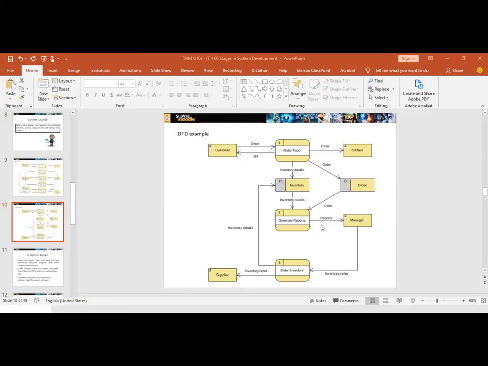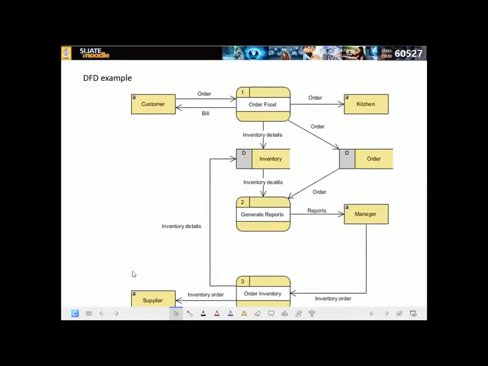Then there is the supplier. Let's look at the processes in this system. One is order food. Once a customer arrives at the restaurant, he orders the food.